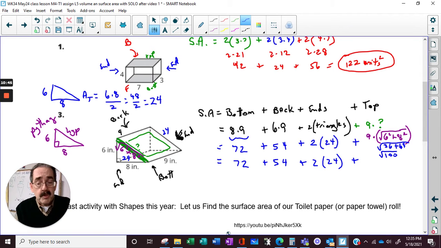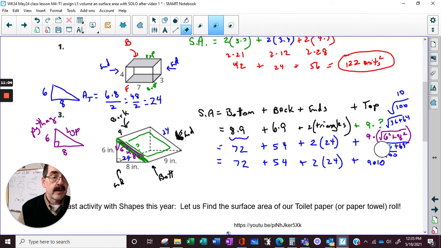I'll bet you somebody in the room knows what the square root of 100 is. 9 times 10. Right? Let's do that up here. Square root of 36 plus 64. The square root of 100 is 10. Good.